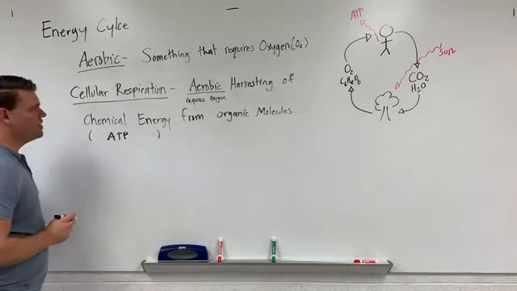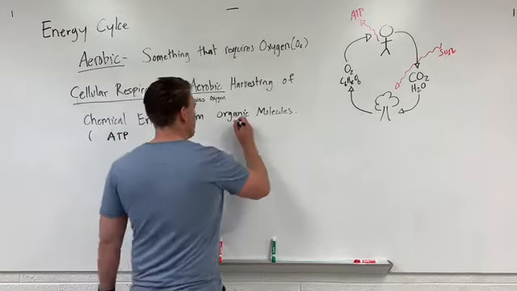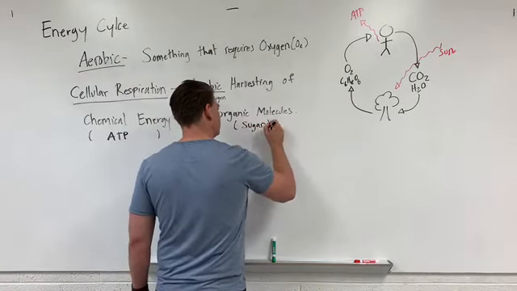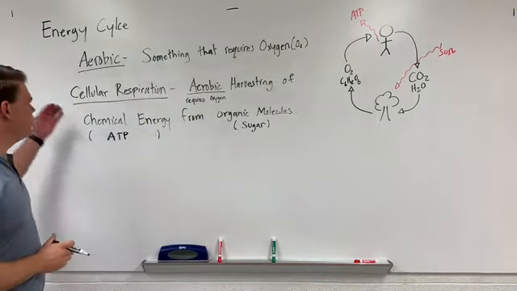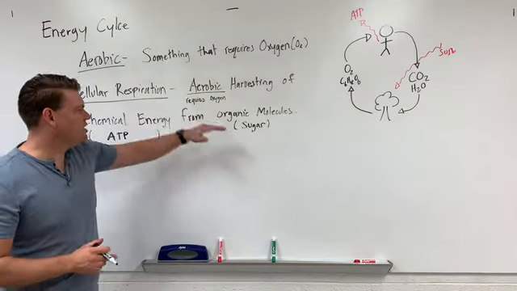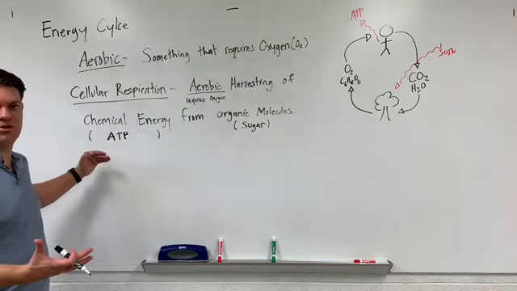So pretty much creating ATP from organic molecules, and our organic molecules are our sugar. In other words, cellular respiration is the process that takes oxygen and sugar to create ATP. That's what cellular respiration is.